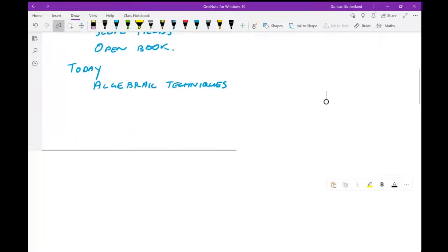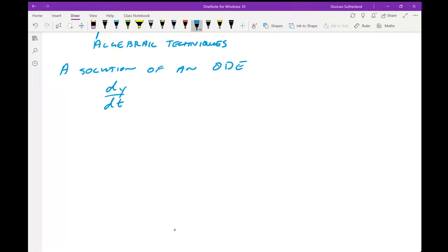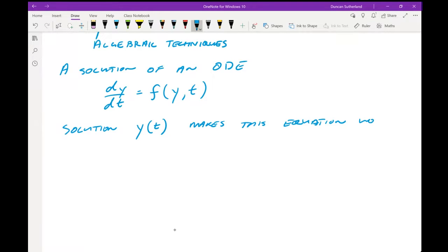Now, I did mention earlier that a solution of an ODE, say you've got, I'll just write a first order ODE for convenience, a solution y of t makes this equation work.